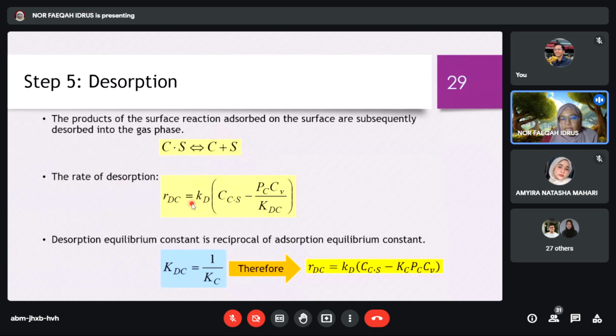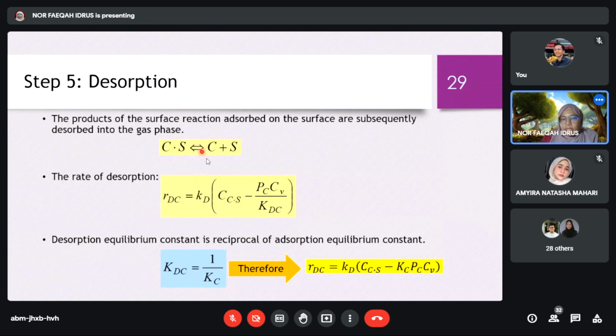So the rate of desorption R_DC here, D meaning the desorption for the product C, equal to K_D. K_D ni rate constant for desorption step, in bracket C_C.S, because they still adsorb onto the active site, so we can write it in terms of its concentration.